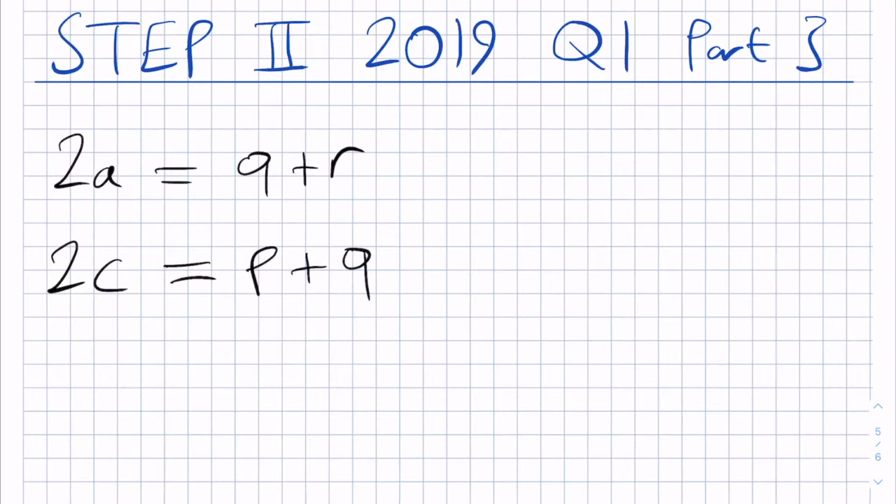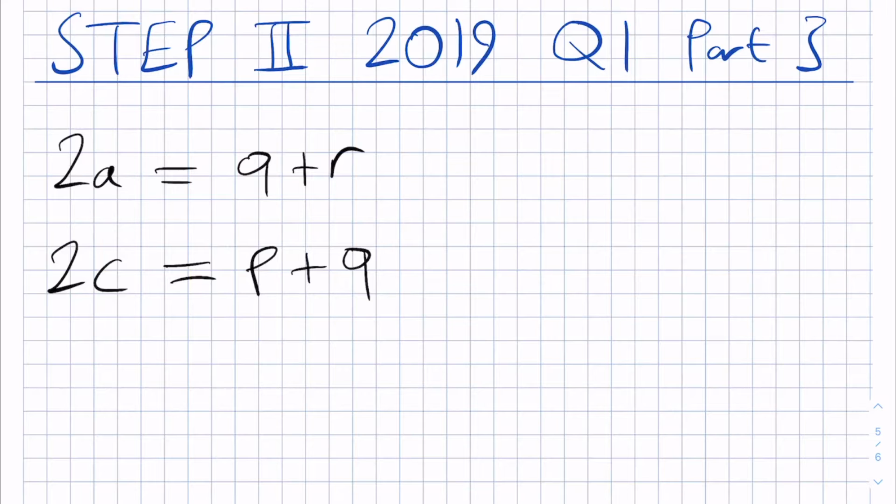We replace a by c, and we've replaced p by r. So in this one over here, p is missing, and so r is missing here, and we have p plus q. This is the information that we can gain from what we've been told in part II of the question.